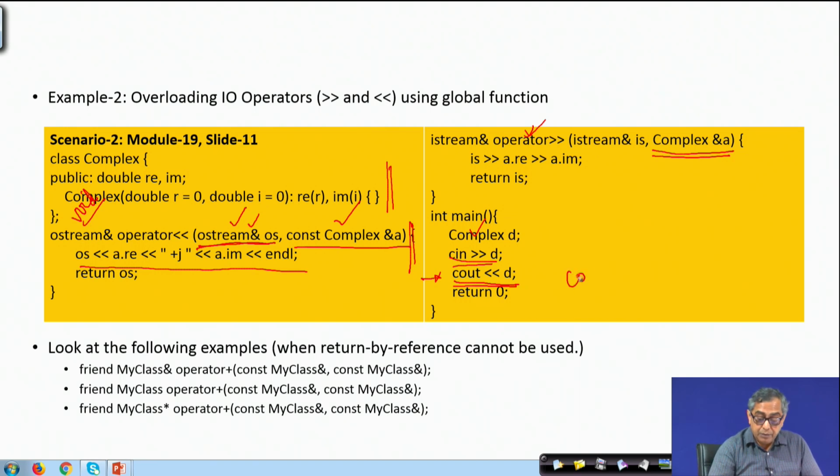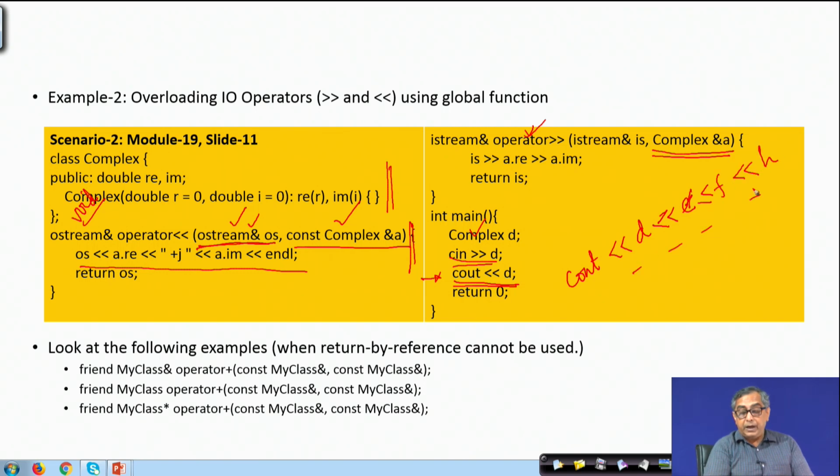I can do cout followed by D, C, F, G, things like that, where D, C, F, G are all objects of a variety of types, for which there is a valid overloaded operator to write it to the output stream. They need not be of the same type, they could be of any type, but for that type there must be an output operator available.